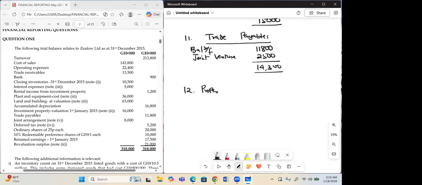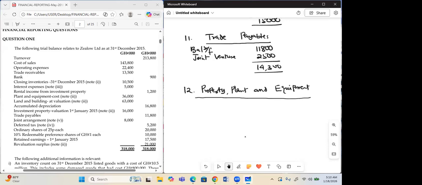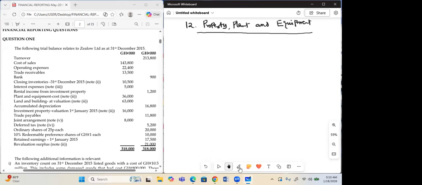Property, plant, and equipment. So look through the depreciation you worked, and list all the assets for me, one after the other. In your depreciation, the first asset was what?